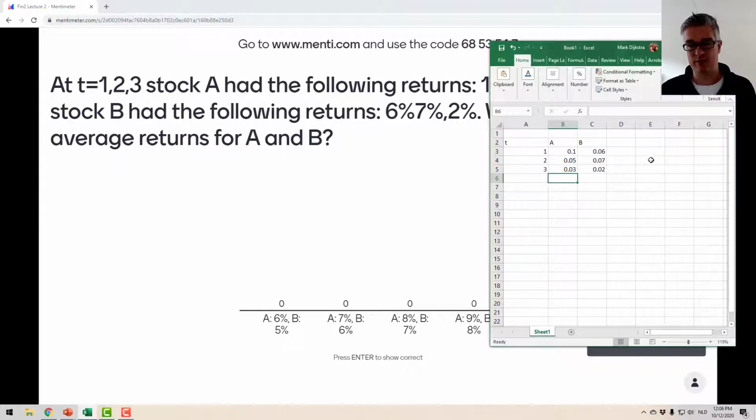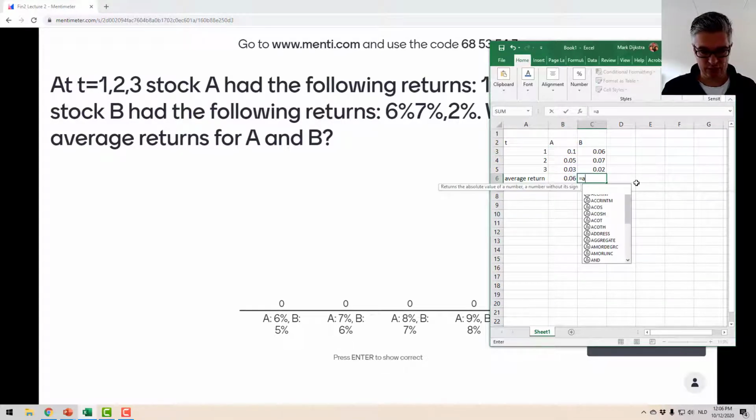Well, here I have my returns in Excel, because that makes it very easy to calculate. If I want the average returns, I can simply add up the values for A and divide by 3.